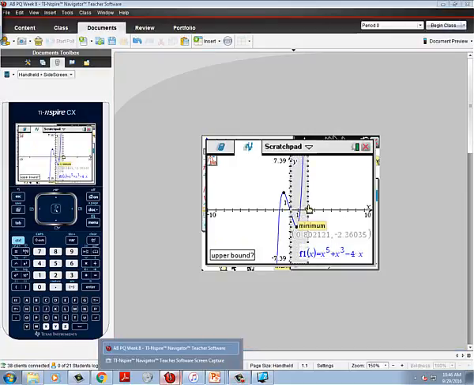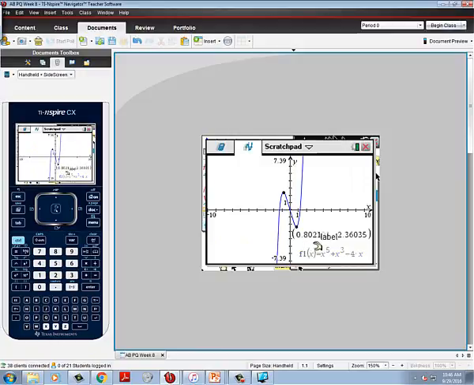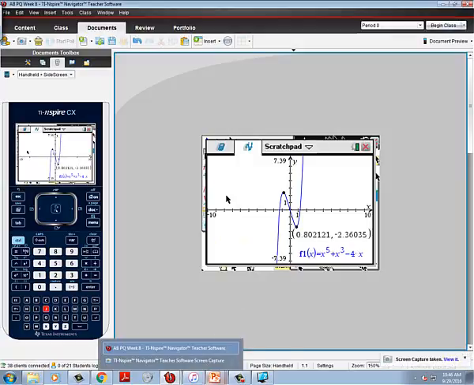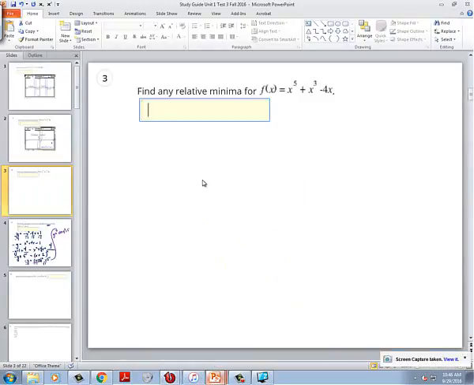When it stops moving and just says minimum, I stop there. And I would type in 0.802, negative 2.306. Again, 3 decimal places, and you're supposed to round them correctly. These ones didn't round, but the ones on the test may.